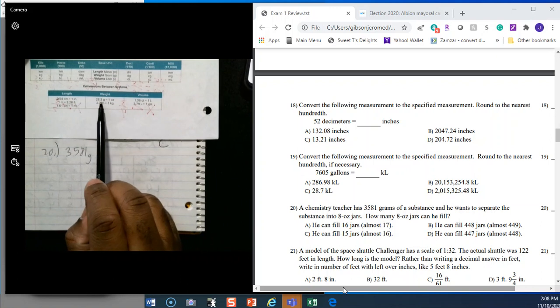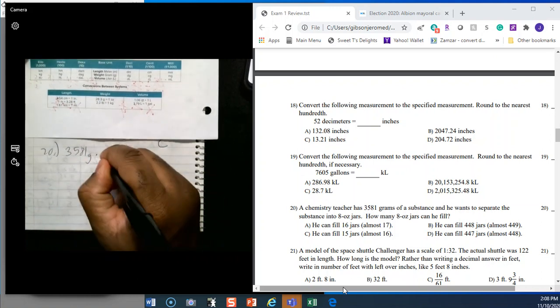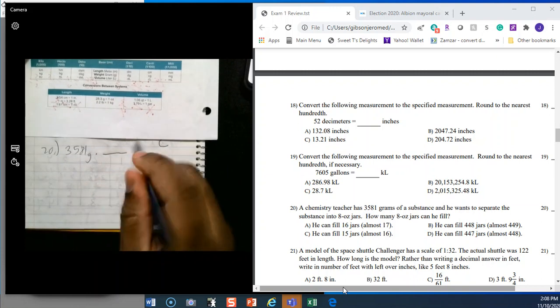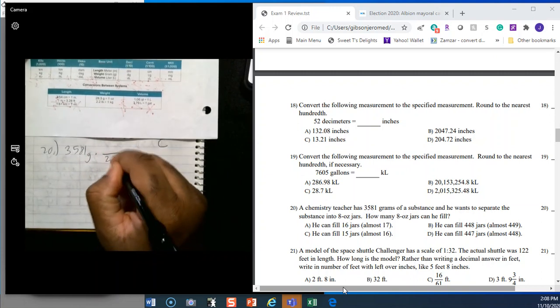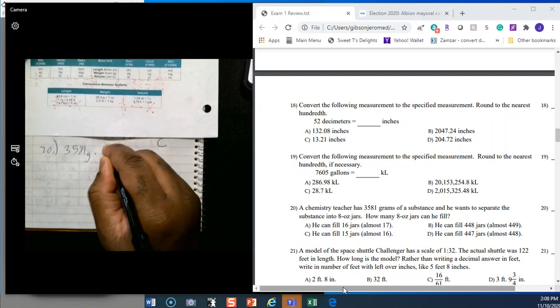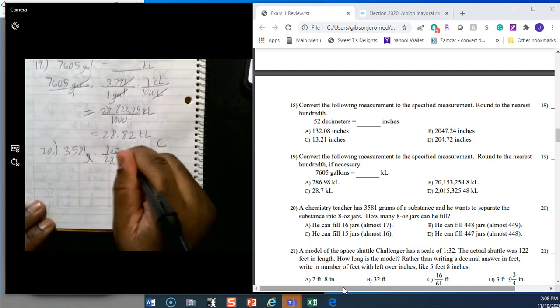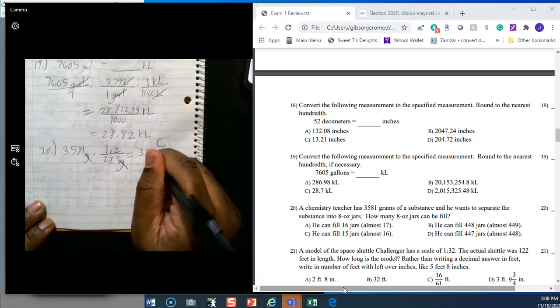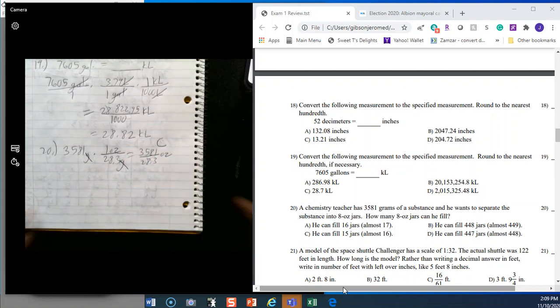So grams is weight, and it just so happened that we don't have to do as much as we did in the other problems because grams and ounces are already set up. So it takes 28.3 grams to equal 1 ounce. So the grams will simplify each other out. You have 3,581 over 28.3, and this will be ounces.